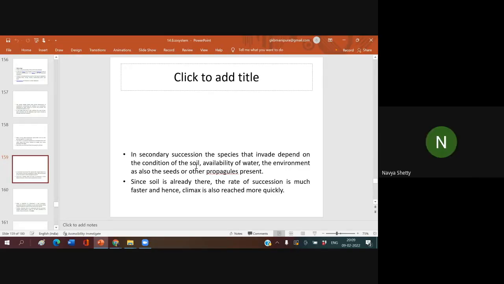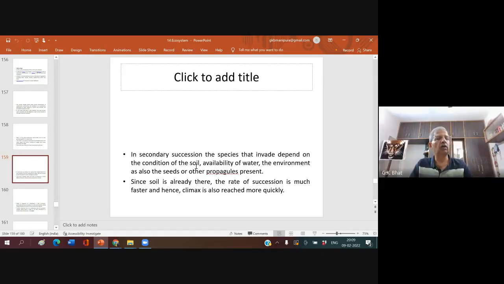Sir, the secondary succession usually occurs in areas that have been recently destroyed. Yes, secondary succession starts in a place where there was some other population which got destroyed. In secondary succession, the species that invade depend on the conditions of the soil, availability of water, the environment, as well as the seeds or other propagules present.